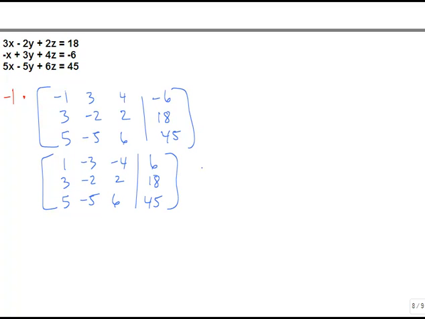Now I want to get my zeros below it. So all I'm going to do now is get rid of that 3 by multiplying row 1 by -3 and adding that to row 2. So this becomes -3, +9, +12, -18, and we're going to add down.